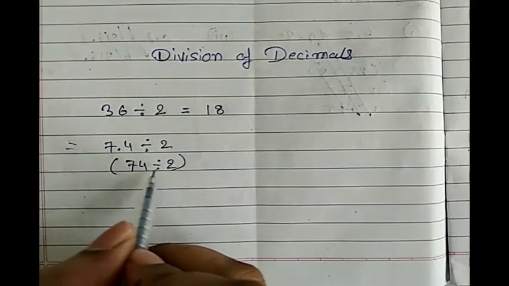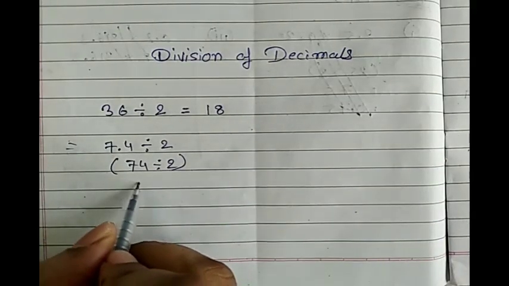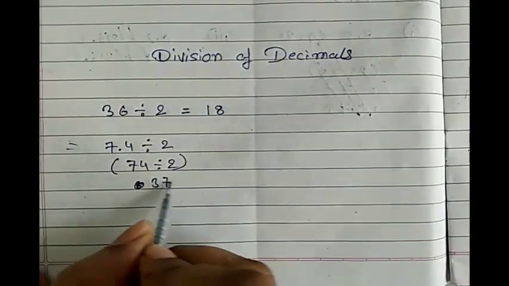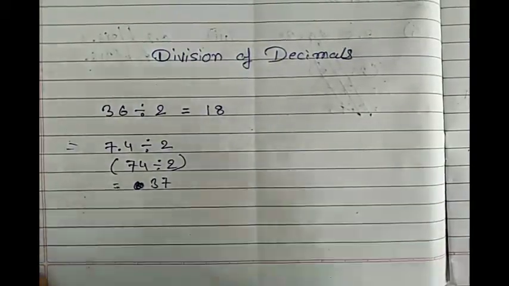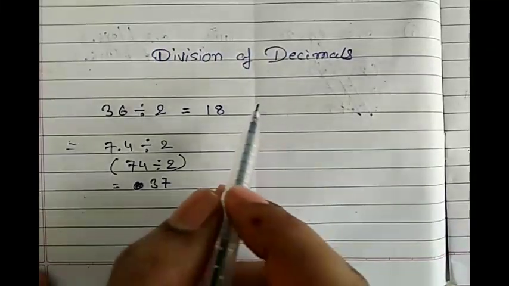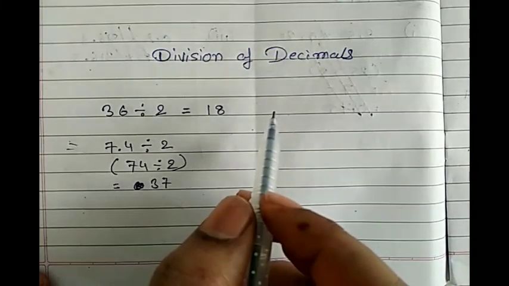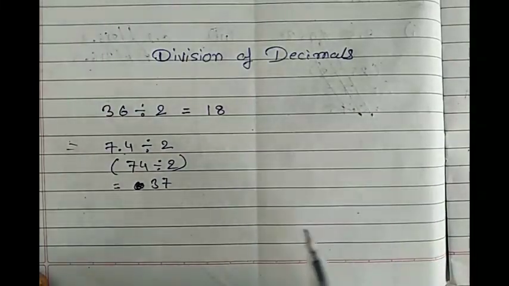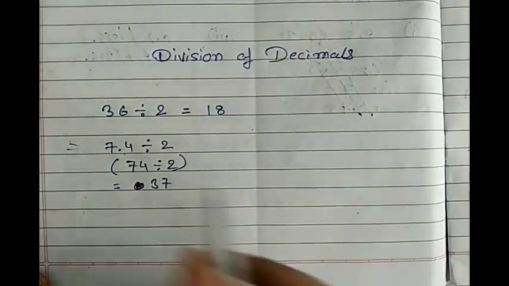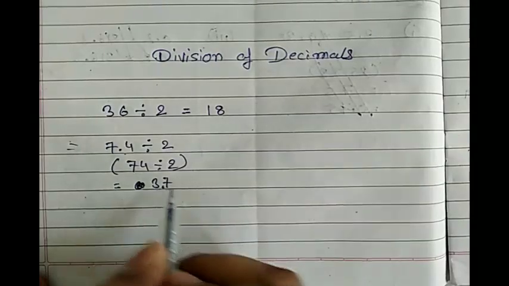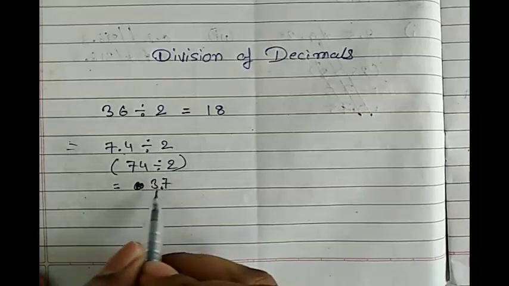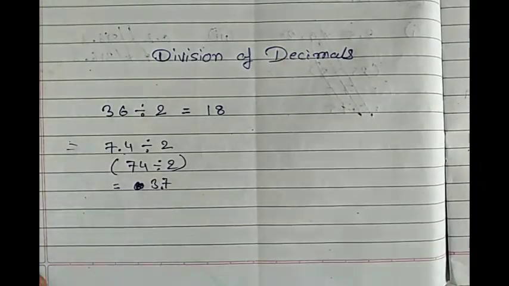When we divide 74 by 2, we get 37. Now count the digits after the decimal in the question. There is only one digit after the decimal. So in the answer we also require only one digit after the decimal. So put the decimal right over here. This is our answer. 7.4 divided by 2 is equal to 3.7.